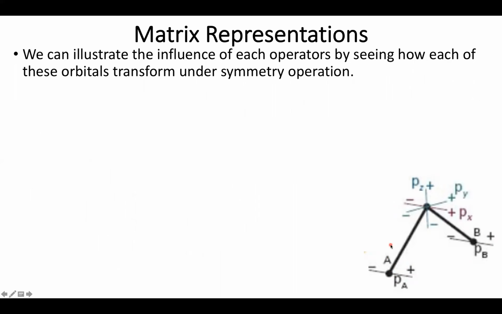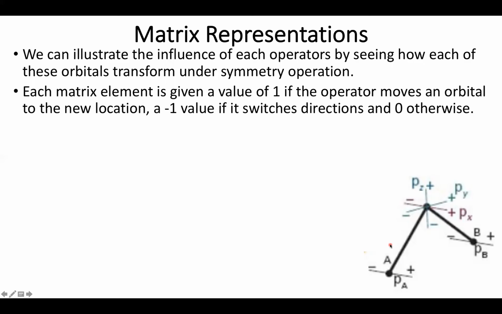So in order to do this, we're going to build up a matrix form, which I'm going to demonstrate as a table. And I'm going to give a value of 1 if my orbital turns into a new orbital. So if px becomes pz, I give that matrix element a value of 1.